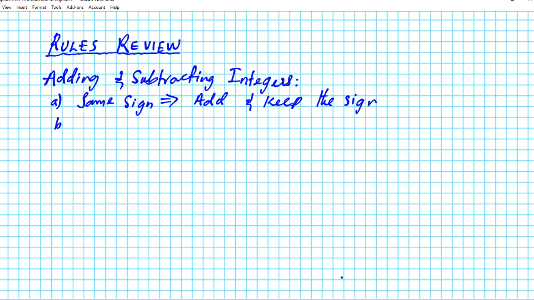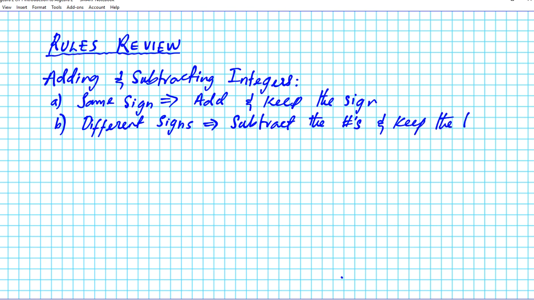When you're subtracting or adding integers with different signs, in this case, what you do is you subtract the numbers and keep the sign of the larger. Okay, and keep the sign of the larger of the two integers.